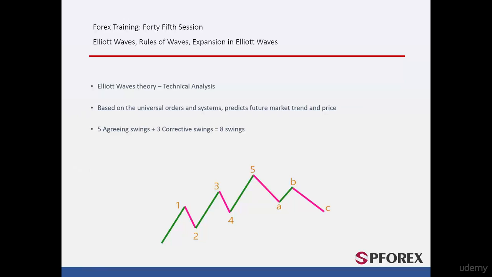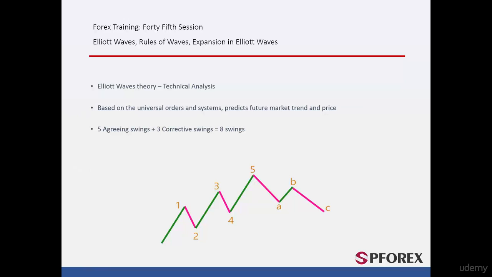Elliott waves includes 5 major and 3 corrective swings. Numbers 3, 5 and 8 are available on the Fibonacci sequence. The major swings are 1, 2, 3, 4, 5, while A, B and C are corrective swings, in which B has agreeing direction with the major trend.